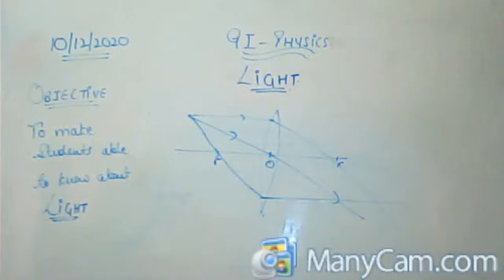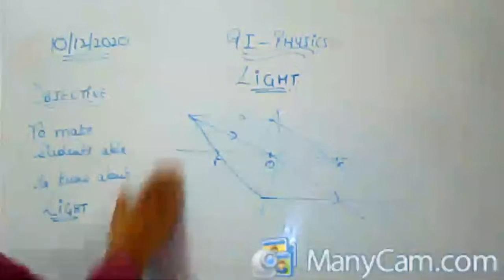This is the figure that if you have the object, fine, placed in front of the convex lens, there is one case when you get the larger sized image, and it will be real and inverted. Remember, the real image is definitely inverted. The virtual one is always erect. Fine.